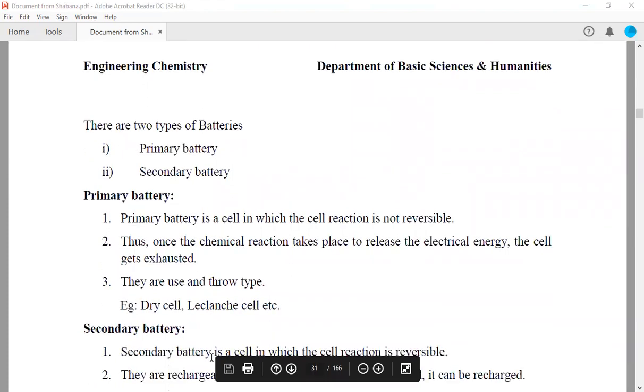Coming to the advantages, why is the battery used? Batteries act as a portable source of electrical energy. Portable means it can be taken anywhere. The portability of electronic equipment such as handsets has been made possible by batteries.